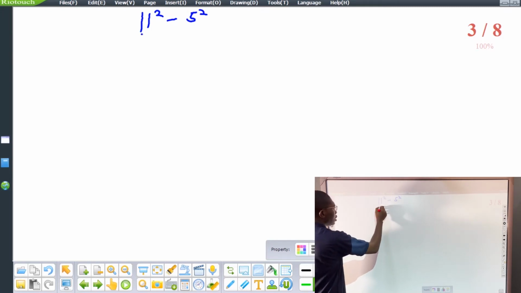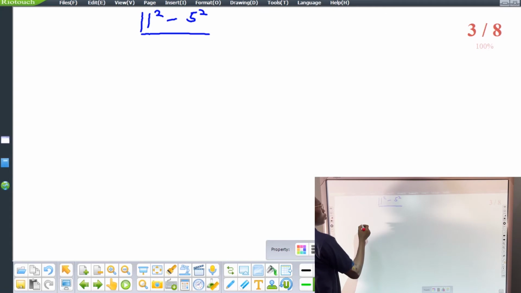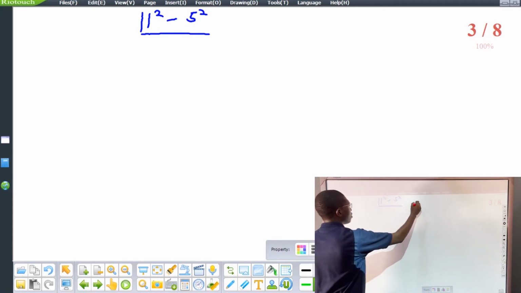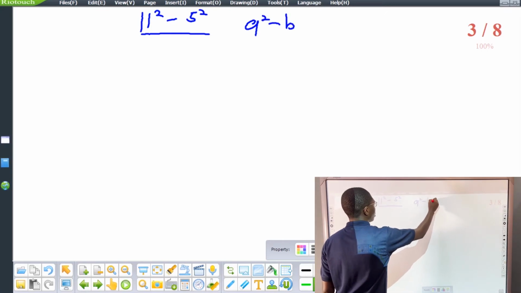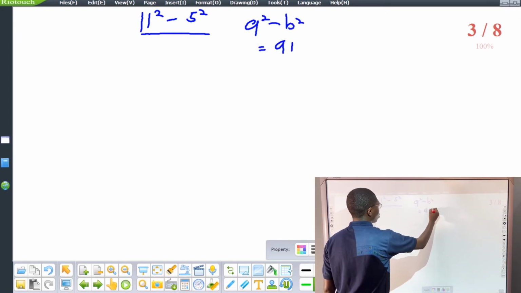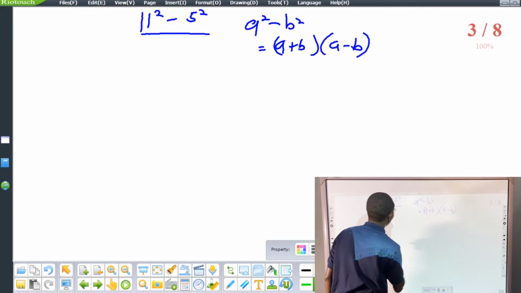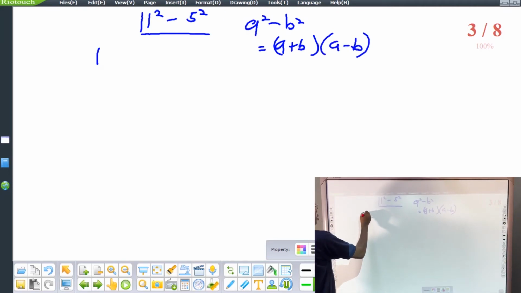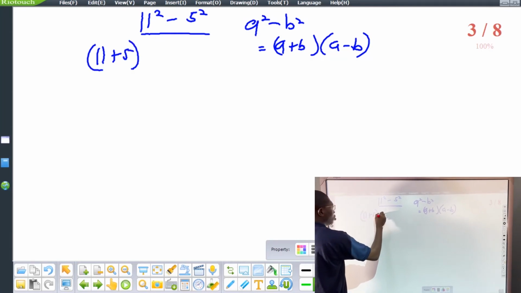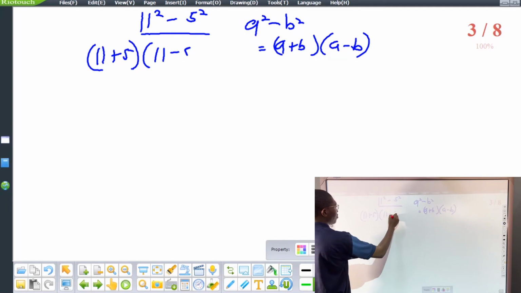This is a theorem called difference of 2 squares, to solve this without calculator. Where we have a squared minus b squared, it is the same thing as saying (a plus b) into bracket (a minus b). So applying that here, we are going to have (11 plus 5) into bracket (11 minus 5).